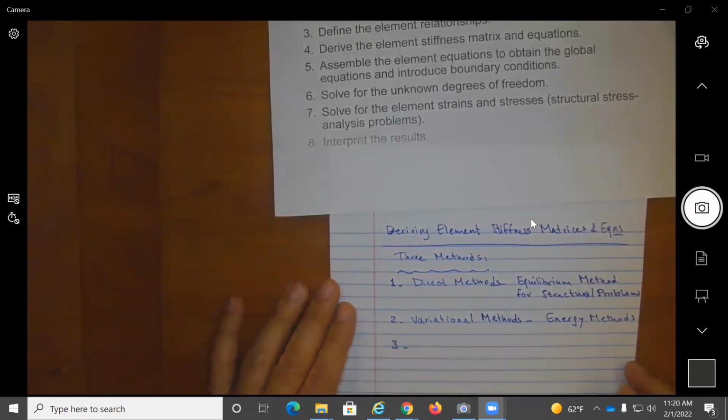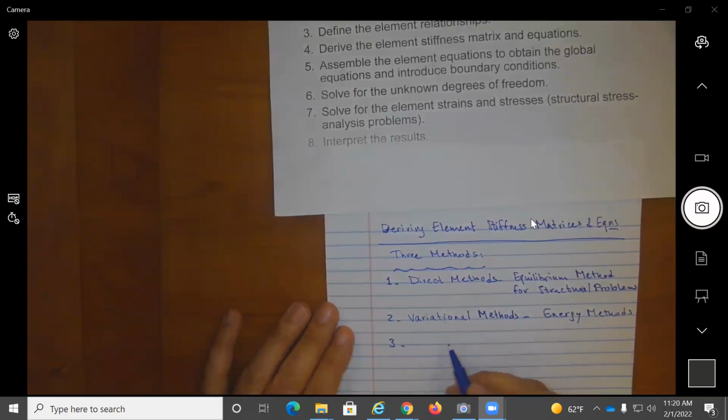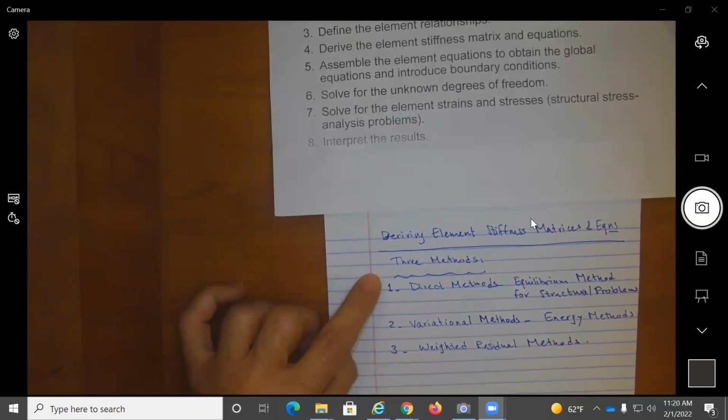And finally, 3 would be the weighted residual methods. So the one we applied so far is the direct method.